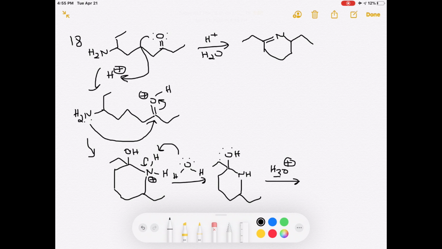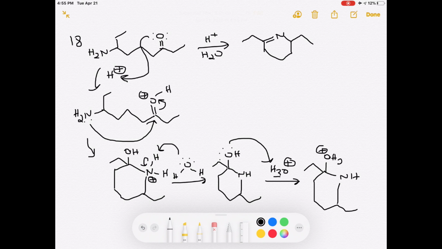If it undergoes protonation, then now we are left with an unstable positively charged oxygen.